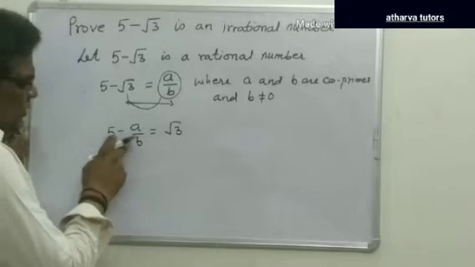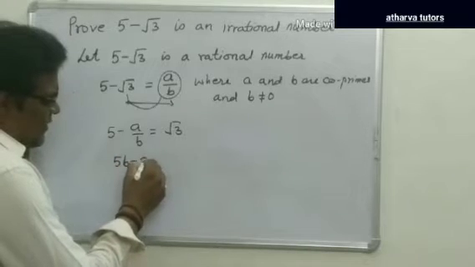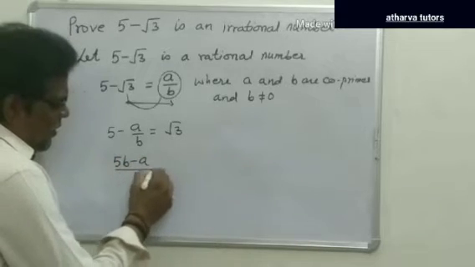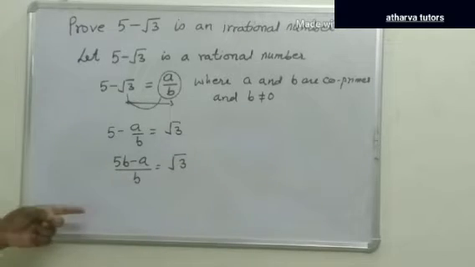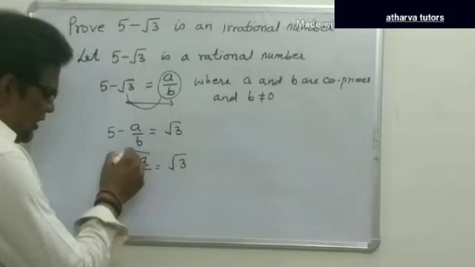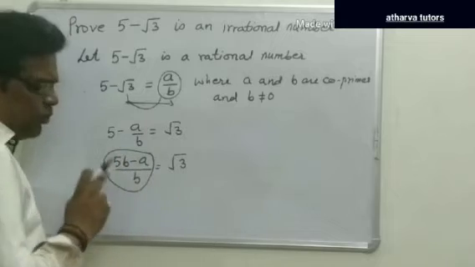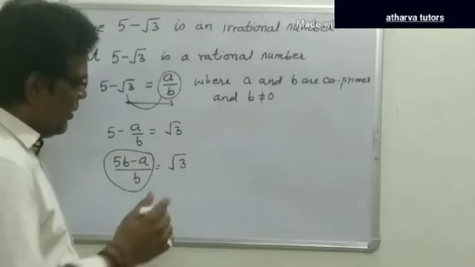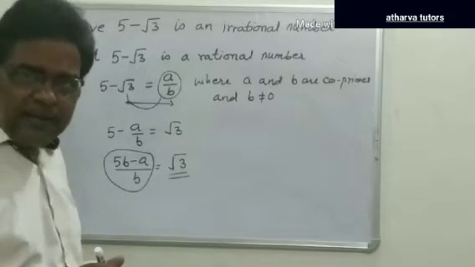Now if I simplify this, I will get 5b minus a upon b equals root 3. Now again, as you see in this question, this number 5b minus a upon b is a rational number, whereas root 3 is an irrational number.